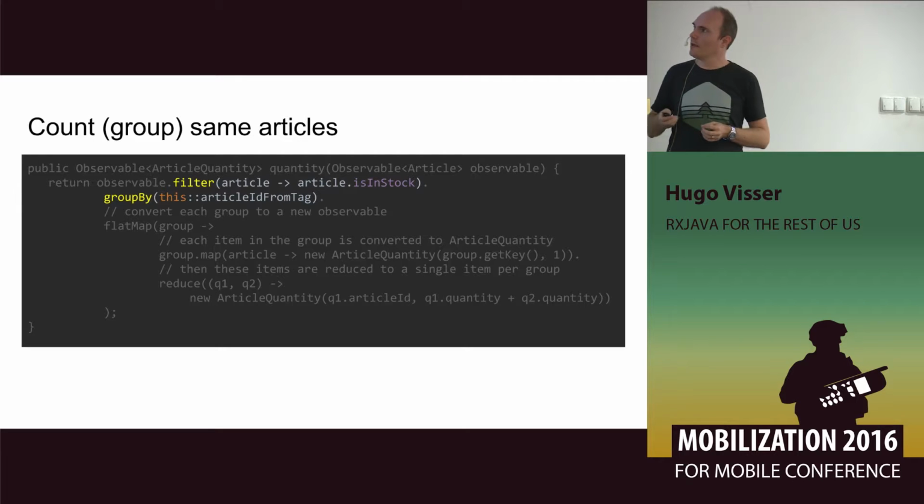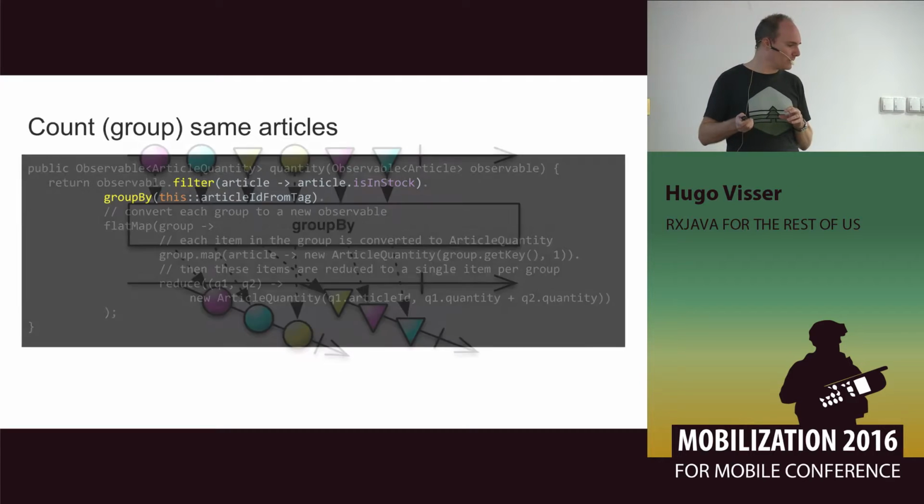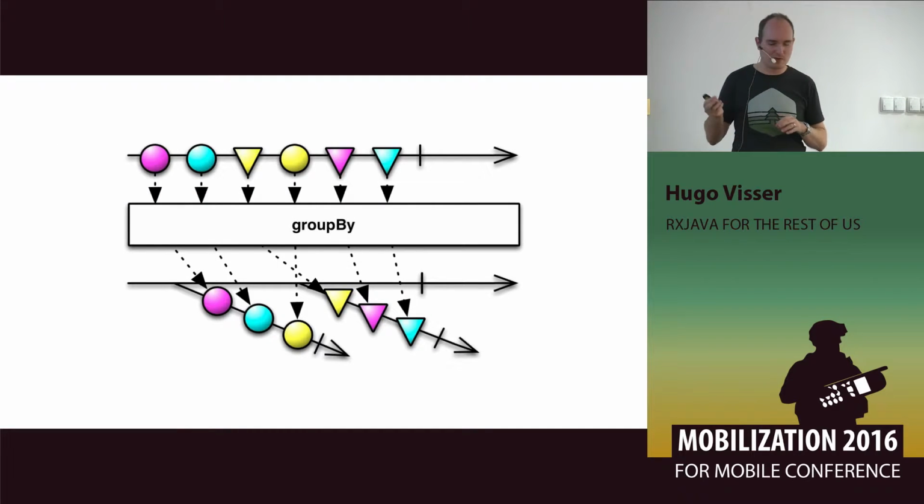Excuse me. So this is already quite powerful. So this is the marble diagram for group by. So take some time to let this sink in. When I saw this the first time, my head exploded. So what happens here?